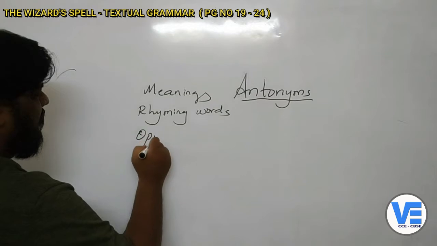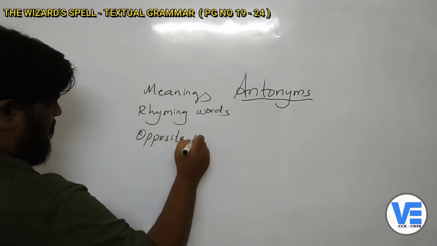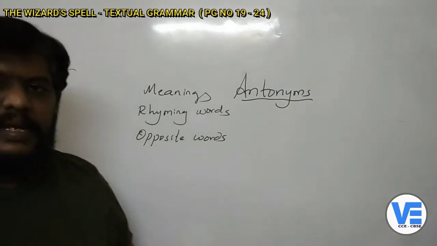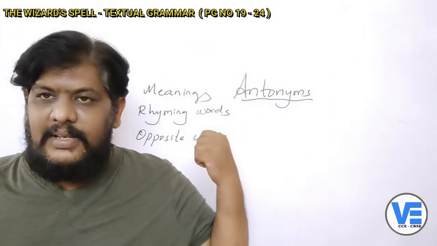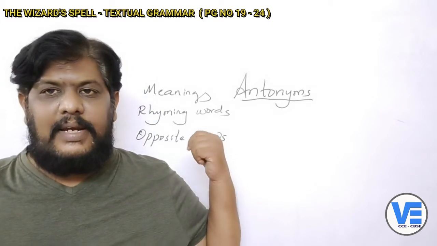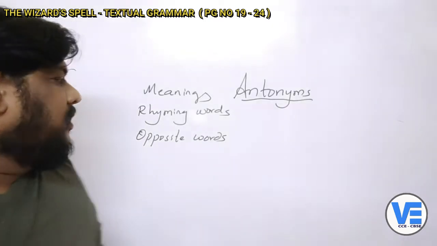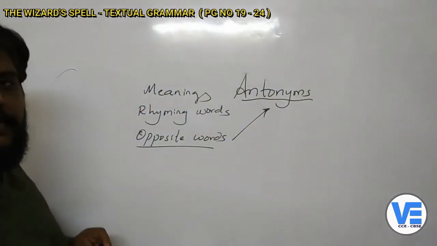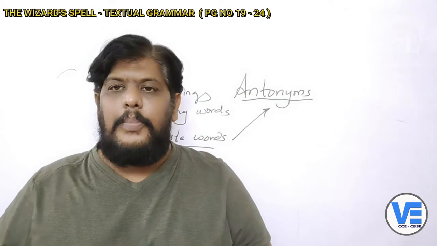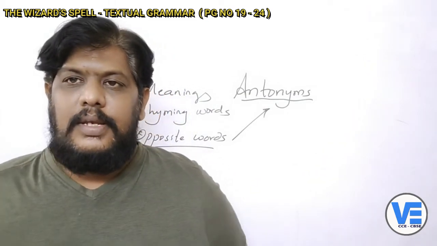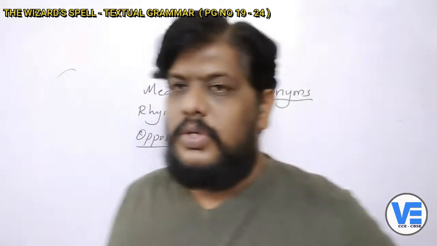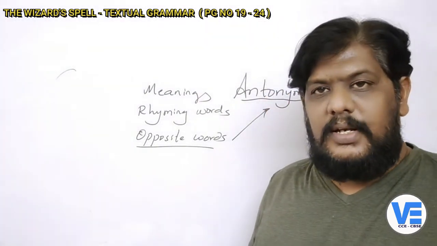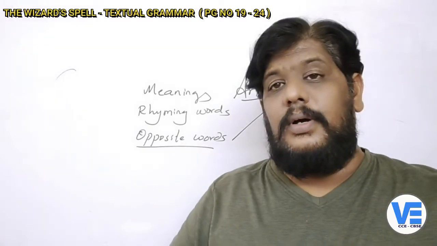And third is opposite words. So you will be asked to write the meanings, the rhyming words, or the opposite words. These opposite words are called antonyms. The word for opposite words is antonyms. Now we are going to learn about antonyms. Children, shall we go ahead? Come to page number 19 here.